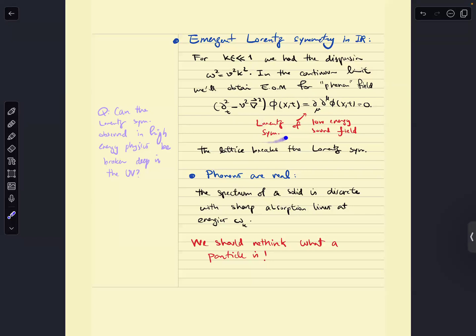But we do know this is Lorentz symmetry where the speed of light is replaced by the speed of sound. So here's a thought. Could it be that the relativity that we observe in nature at high energies is also emergent, because at some very, very high energy something else is going on? Could that be? This is just something to think about. At very high energies, the lattice breaks the Lorentz symmetry, of course.